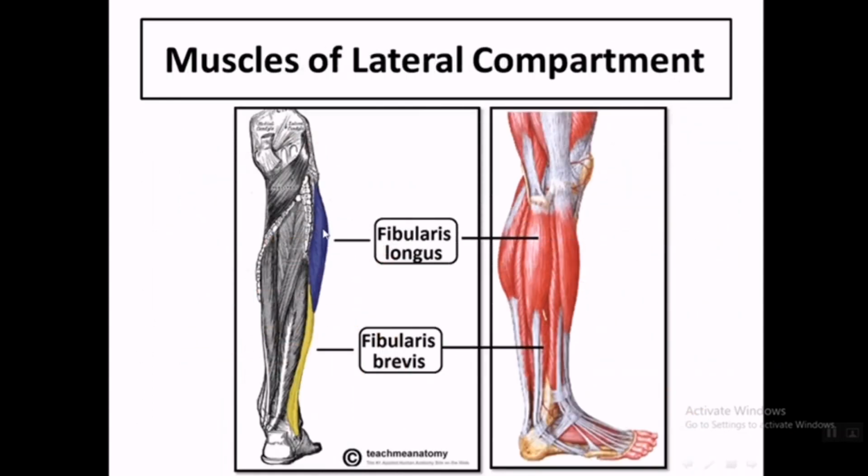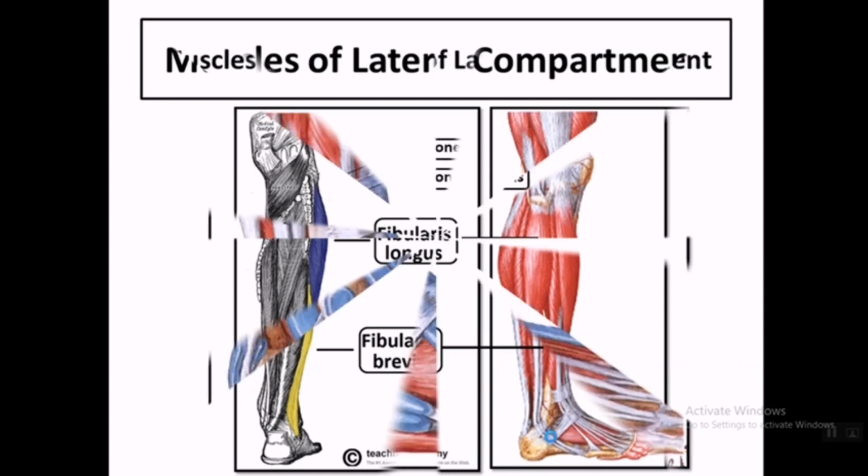These are the muscles. Another name is the Fibularis longus and Fibularis brevis, or Peroneus longus and Peroneus brevis. And we can see how they are passing behind the lateral malleolus, held by the peroneal retinaculum, superior and inferior peroneal retinacula.